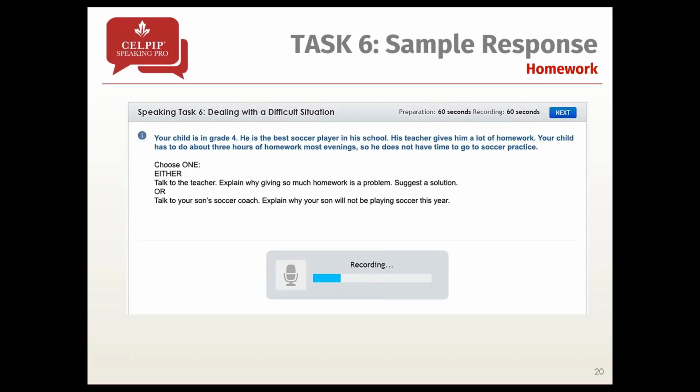And ideally, physical activity is always good, but if it's interfering with his academic studies, I think that I have to make a choice. And obviously I choose to give him more time for his academic studies because I believe that will prepare him better for the future. And that's all I have to say about this.